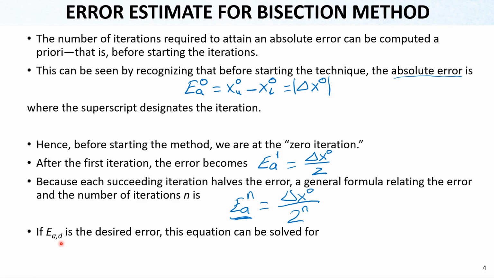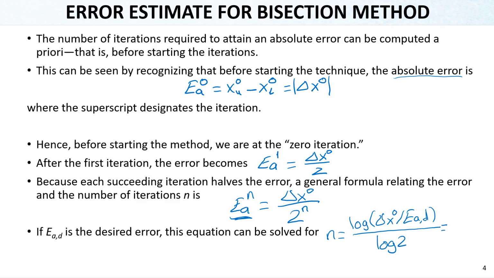If we have a desired error value determined before, this equation can be solved for n. n is equivalent to the logarithm of delta x0 divided by EAD, divided by logarithm 2.